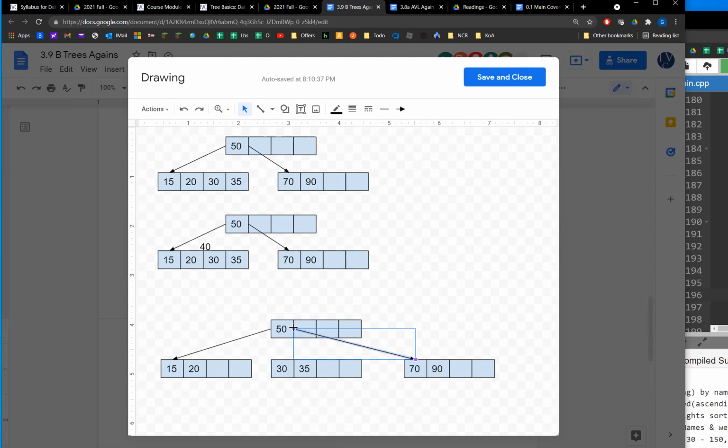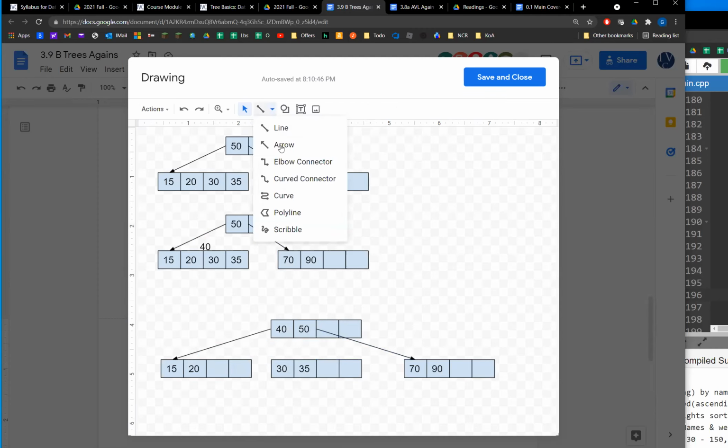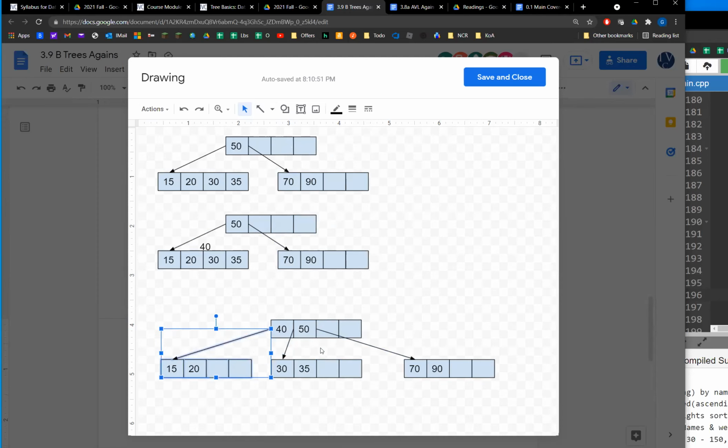Right, so the pointer down, just like we have in the 2-3 tree. 50 slides with, comes in, and we have 2 data points. We have 3 children: subtree less than 40, subtree between 40 and 50, and subtree greater than 50.